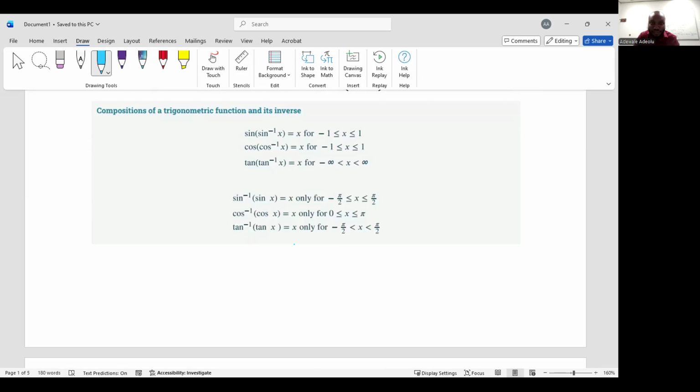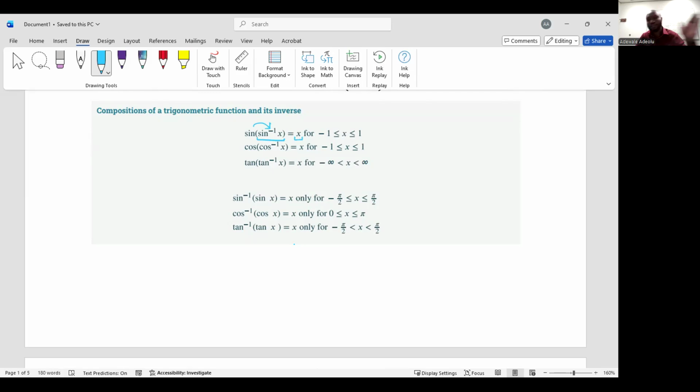Now, in general, if we have sine composed with sine inverse of x, whereby the input for sine inverse is a ratio, sine inverse of a ratio is an angle, and sine of the angle is going to give us the ratio.